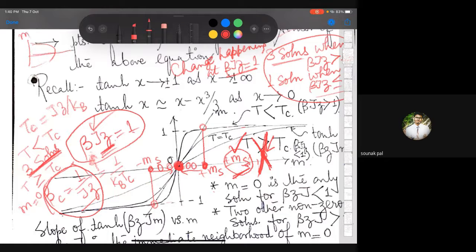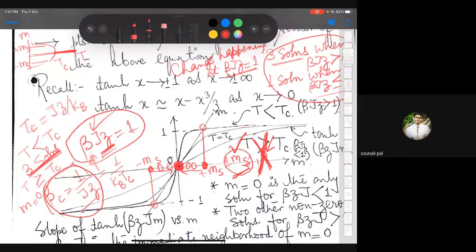M versus T. When T is larger than Tc, you have only 1 solution. This is plus Ms, this is minus Ms. M equal to 0 is not a solution when T is smaller than Tc. Does that answer your question? Yes. These are the equilibrium magnetization. You get 2 symmetric solutions simply because your system has this up-down symmetry.